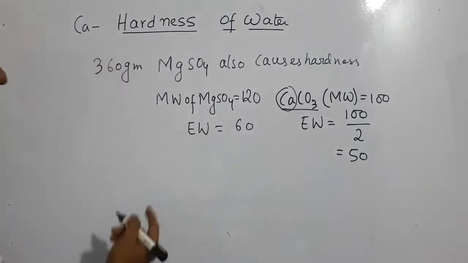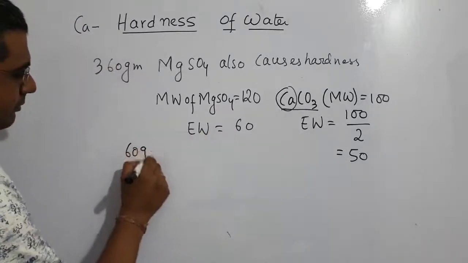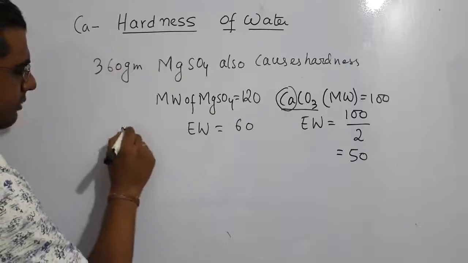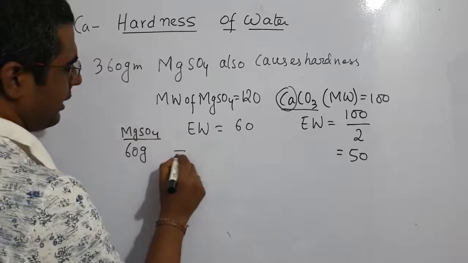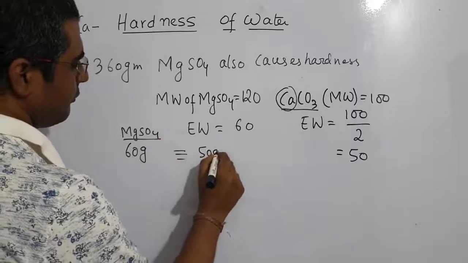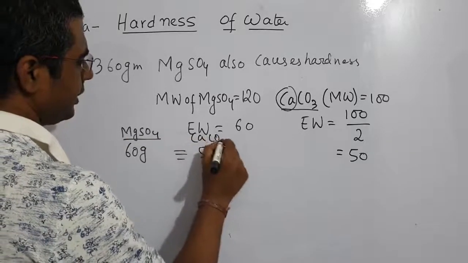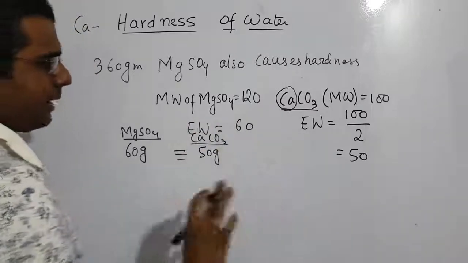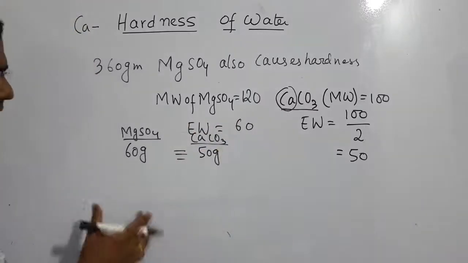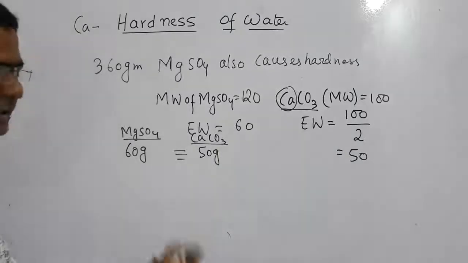So you can say at this moment that 60 gram MgSO4 will be equivalent to 50 gram CaCO3, right? This is clear. Both are the same number of equivalents. Equivalent weights are always equivalent with each other.